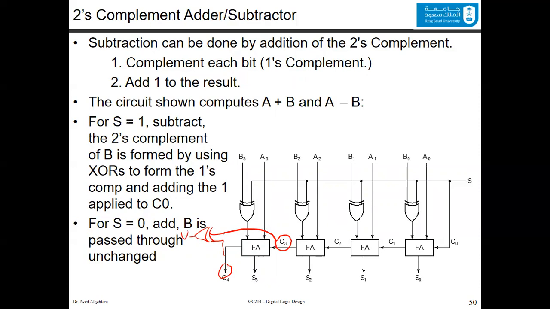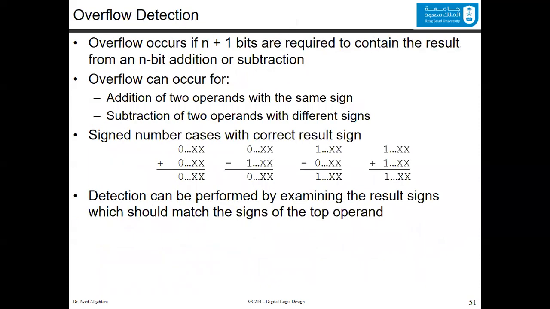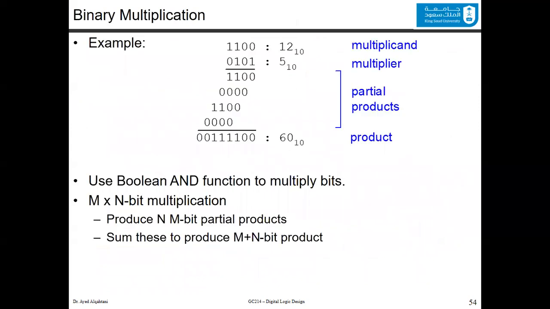Very simple addition to gain a very good property, which is the overflow detection. Now, after this, we finished completely the addition, the subtraction, and also the overflow that happens if the result has some troubles. The overflow detection circuit tells you if there is a problem or not. Now we will move to the binary multiplication.